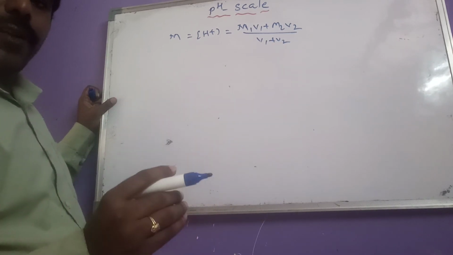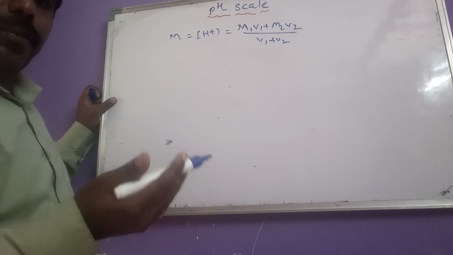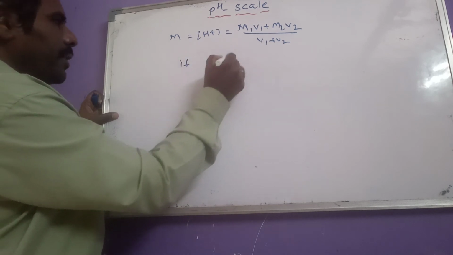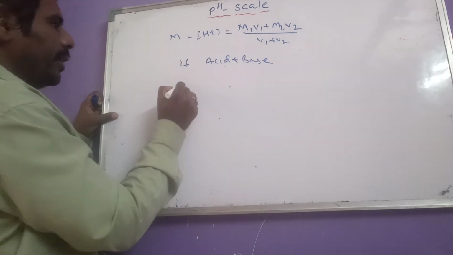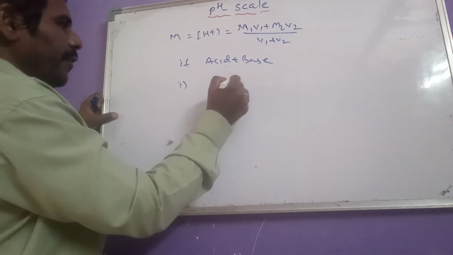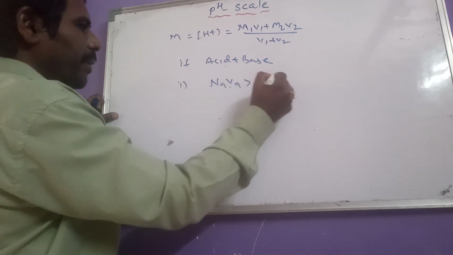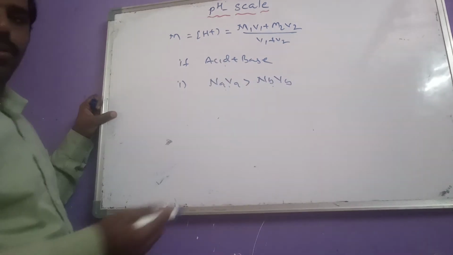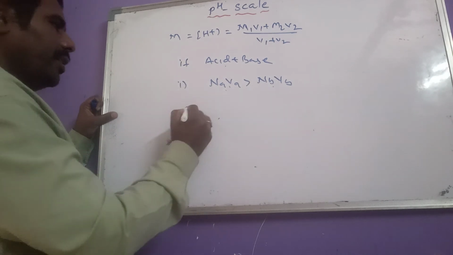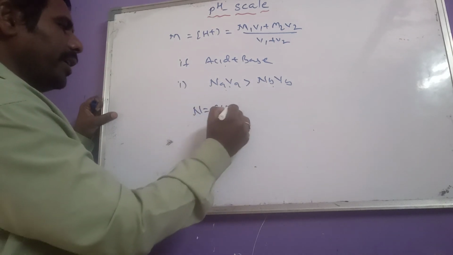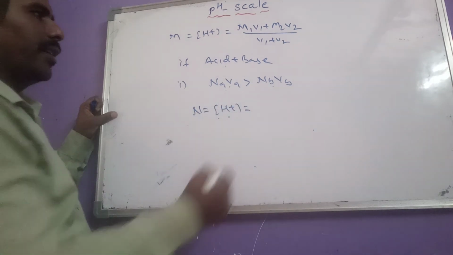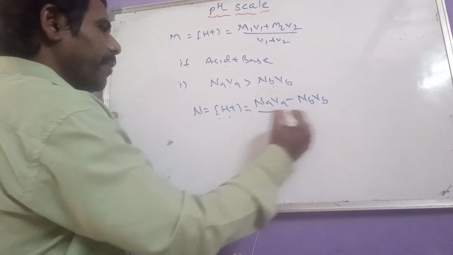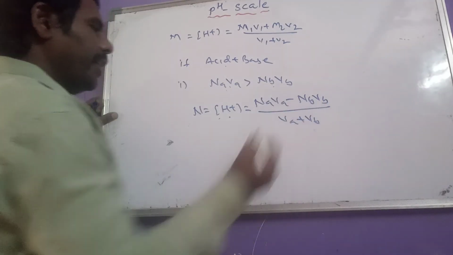Then sometimes an acid is added to a base. Based on the strength of acid and base, the solution may have acidic or basic nature. If NaVa is greater than NbVb, the strength of acid is greater than the strength of base, and the solution has acidic nature. Therefore, H plus ion concentration equals NaVa minus NbVb by Va plus Vb.